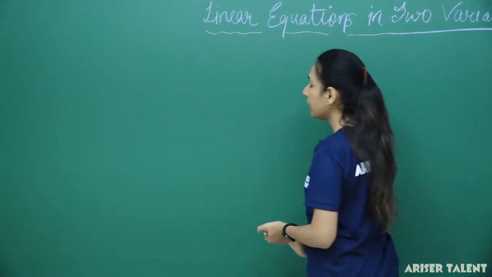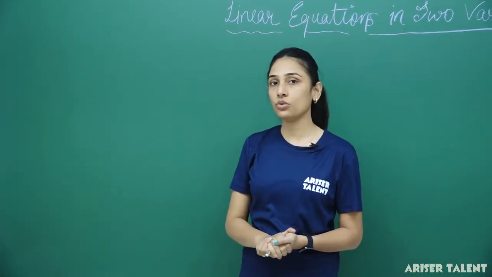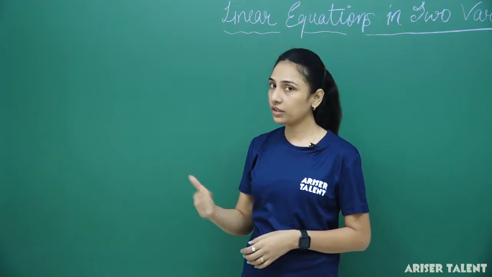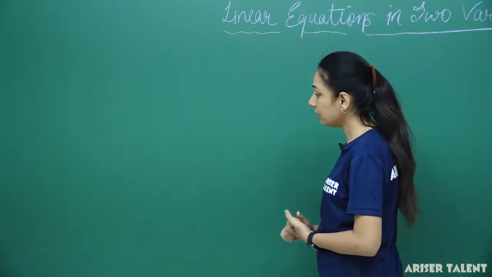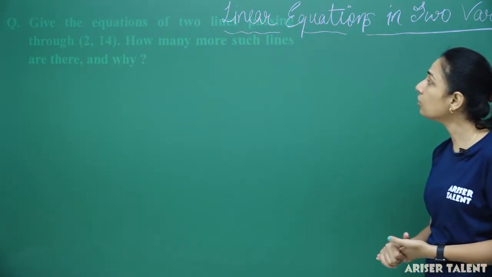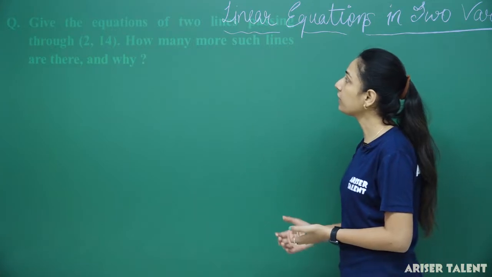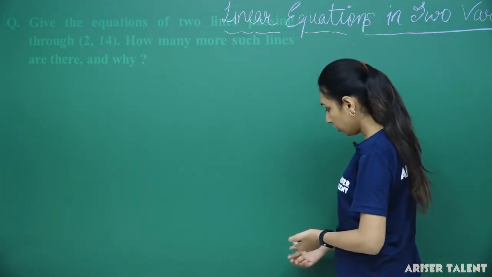So students, we have gone through some specific questions in previous lectures. So apart from the theory, we are doing the next question here. Give the equations of two lines passing through 2 comma 14. How many more lines are there and why? So what it's saying, try to understand it.